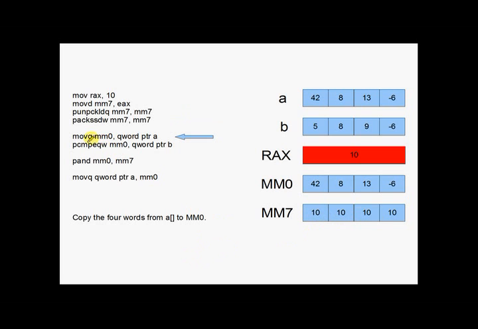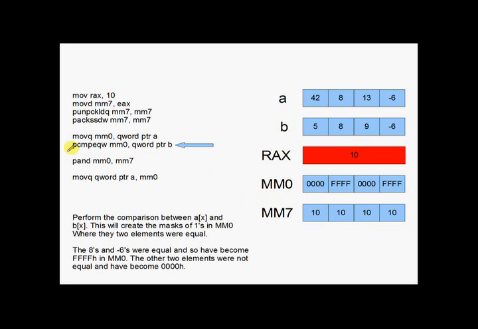And the next line, movq MM0, qword pointer A, just moves the array A into MM0, because we can't use memory operands for both of the MMX instructions below. So we've got to move one of these arrays into an MMX register.